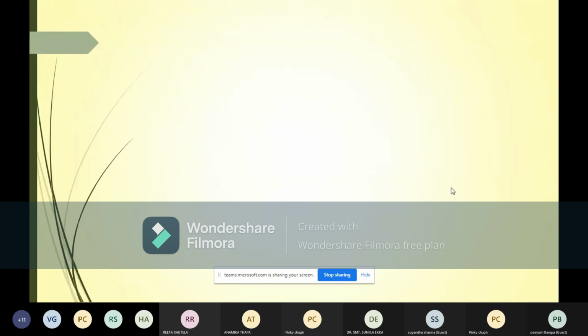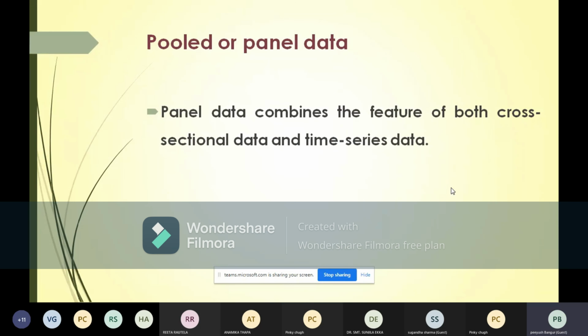Now the third one is pooled or panel data. This is a very new concept. Although panel data was not in demand 2 to 3 years ago, nowadays most of the papers and research are being conducted on panel data.